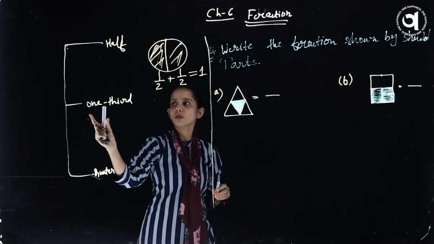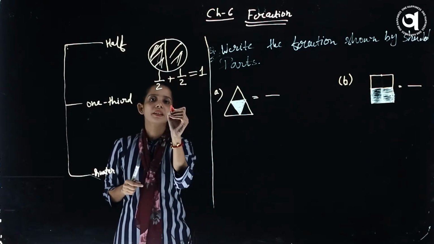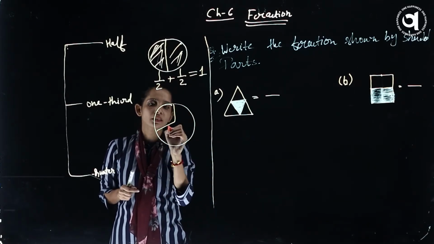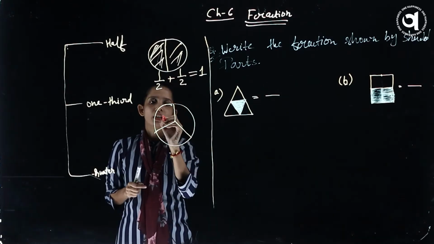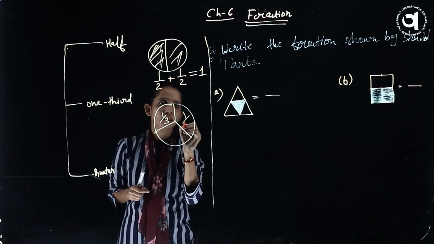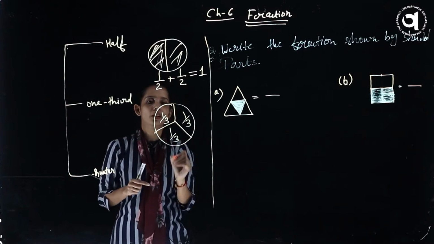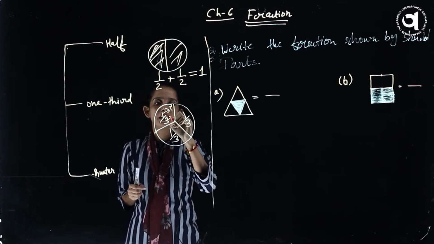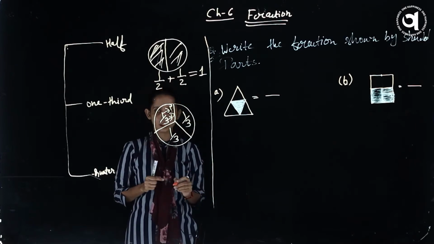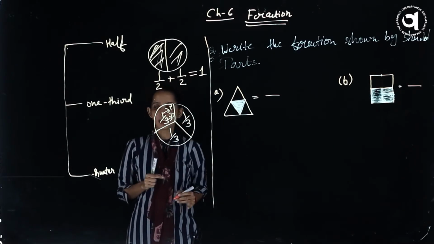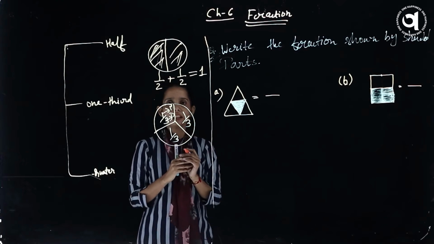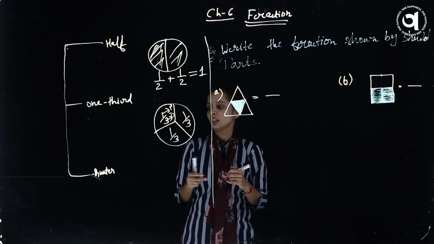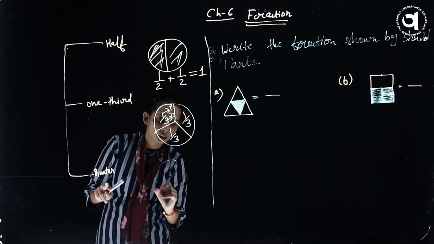Now what is called 1/3? Again, when I divide a circle into 3 equal parts, then each part of the circle is denoted by 1/3, where 1 represents the numerator and 3 represents the denominator. And what is the meaning of quarter? When we divide any object into 4 equal parts, then it is known as a quarter or 1/4.